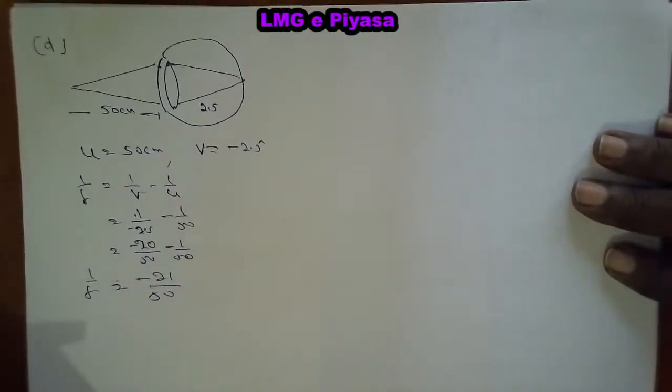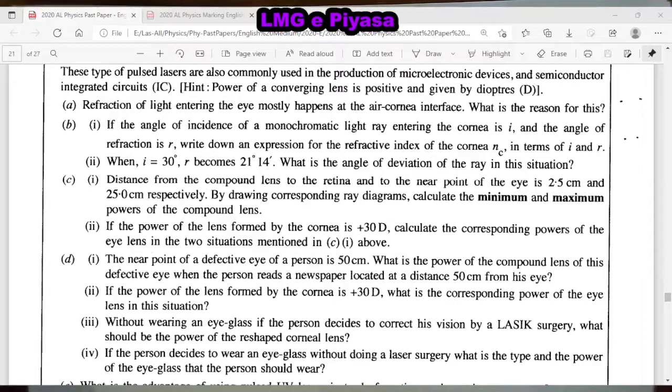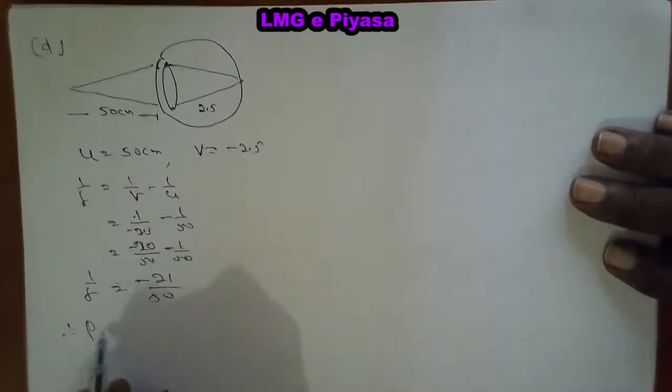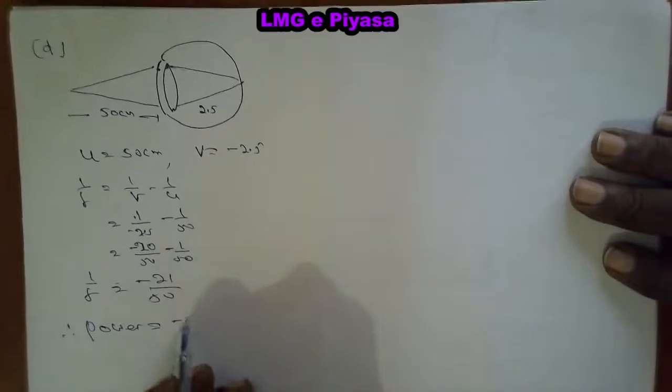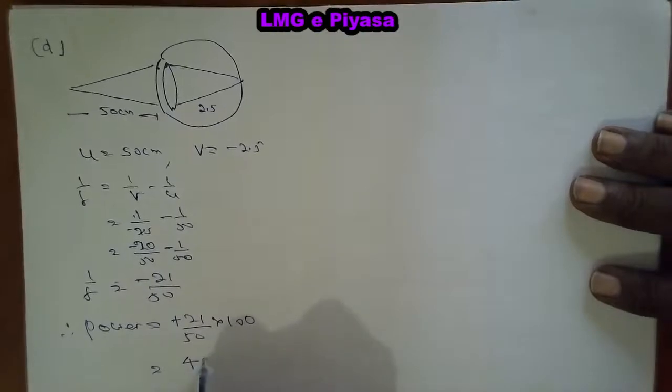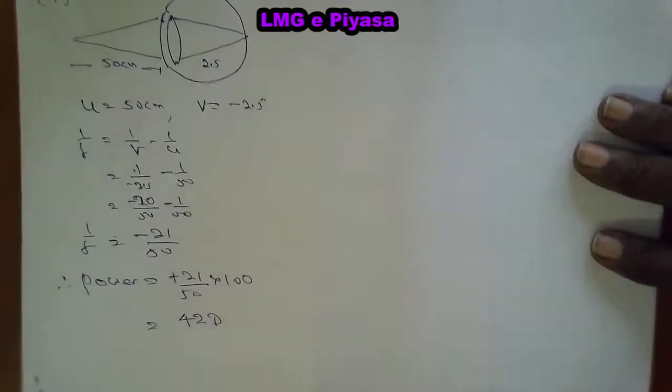But they are asking for the power, so power equals minus 20 plus 21 over 100, right? So this equals 42 diopters.